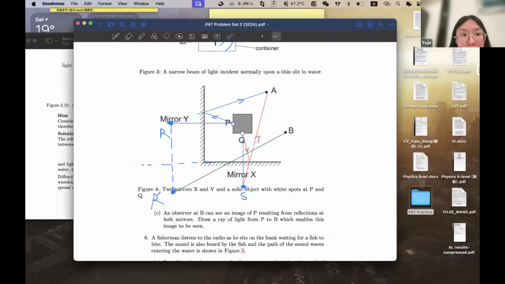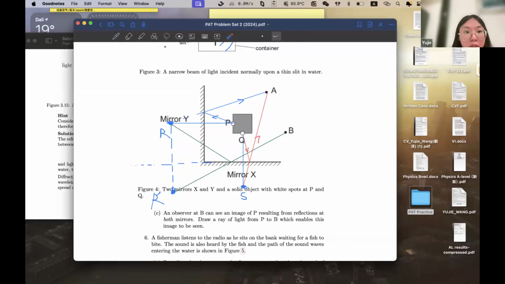And if we connect the first reflected image R with this point of reflection, we arrive at the second.